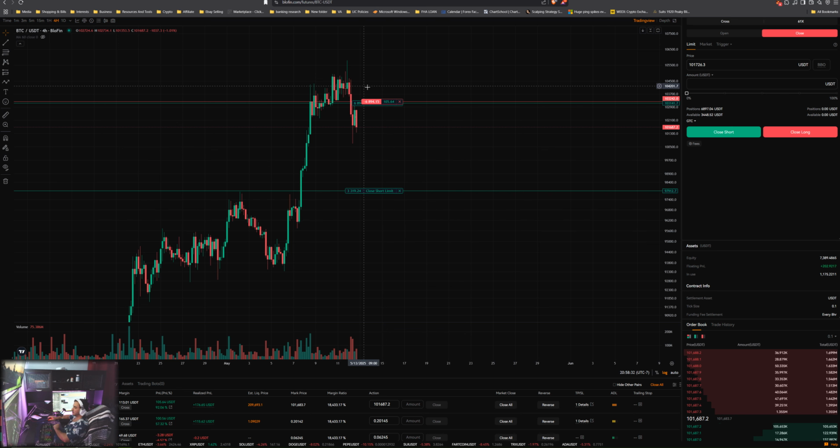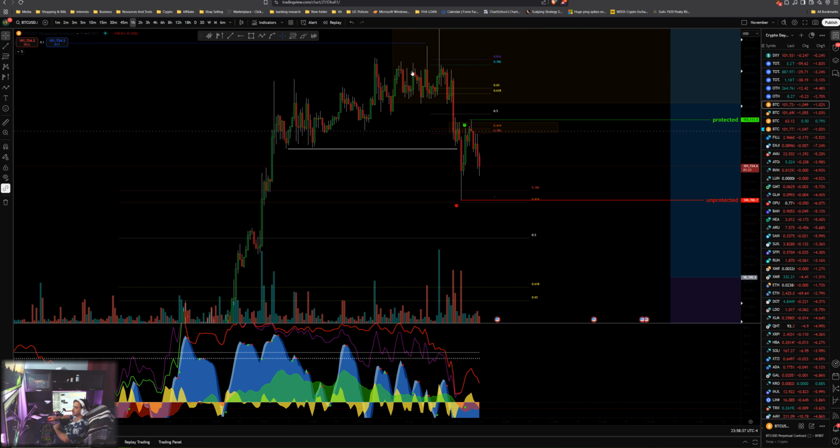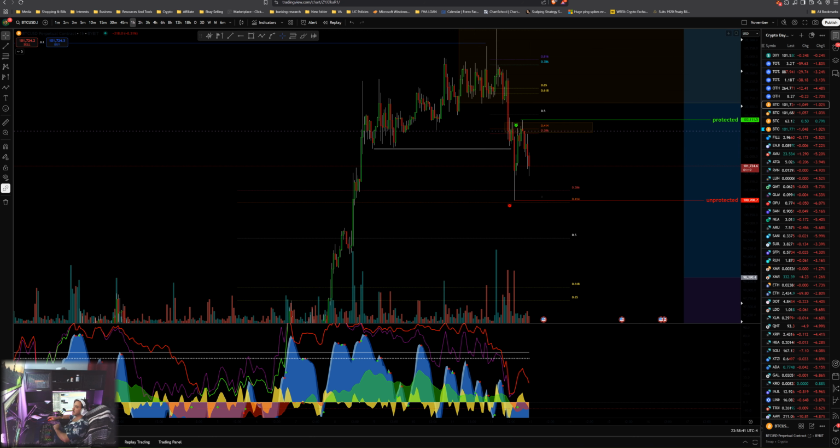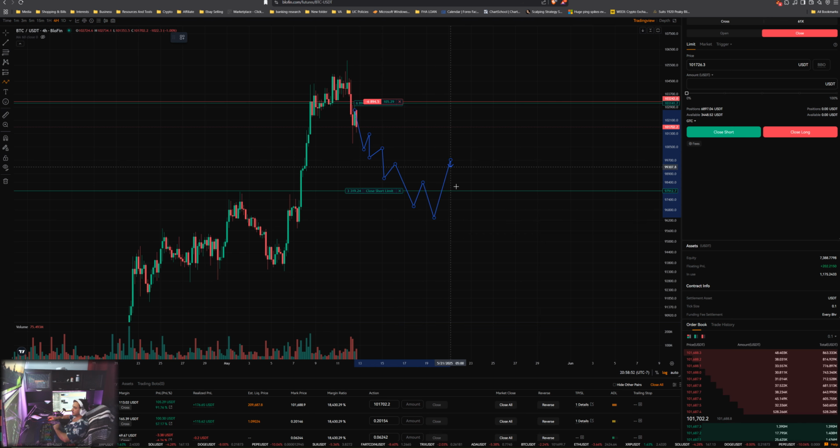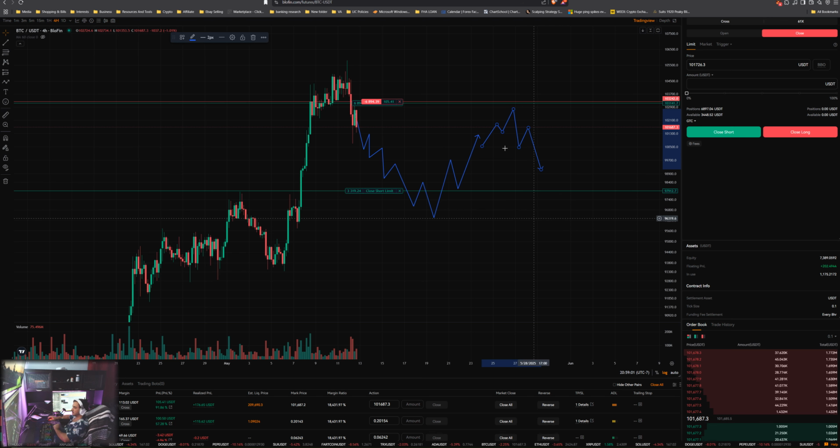And I'm going to trail my stop loss accordingly with market structures, with what's protected and whatnot. So what that allows for us to do is, let's say we do get in a long, right? We have market structure coming down, etc. Boom, we flip bullish. But all it ends up being is another bearish scenario.